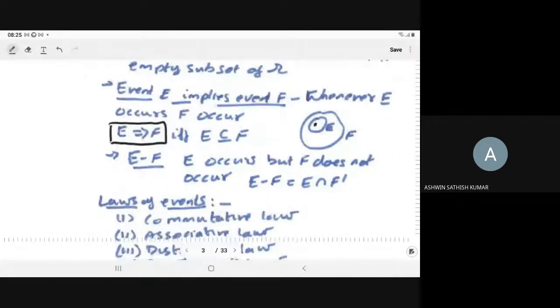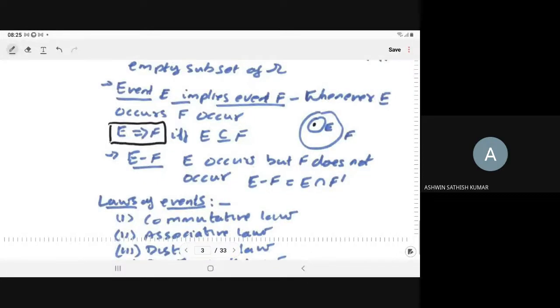Then we have E minus F, which represents when E occurs but F does not occur. Here we have E, here we have F. At this region E is occurring but F is not occurring.